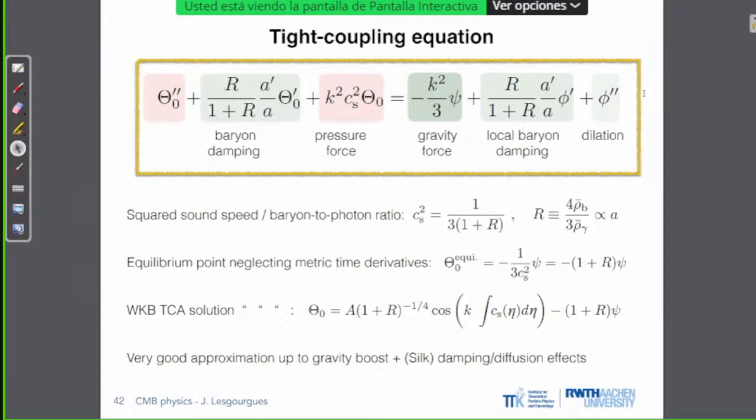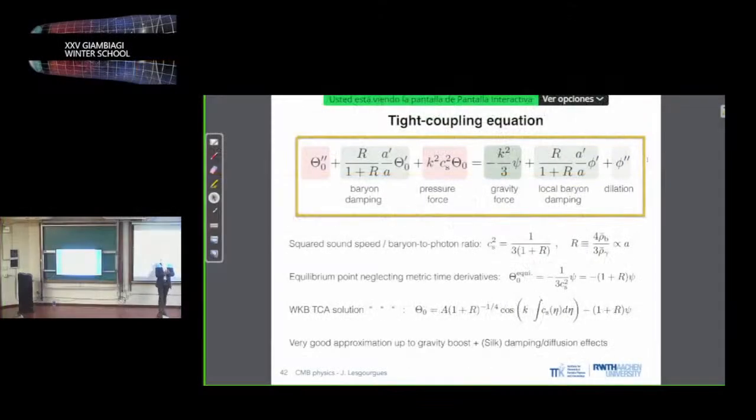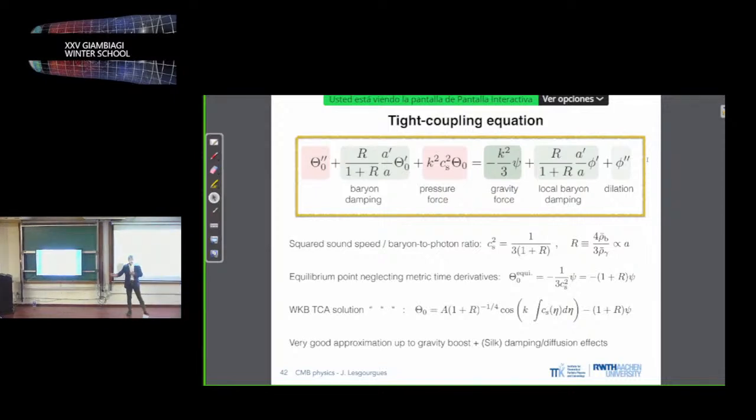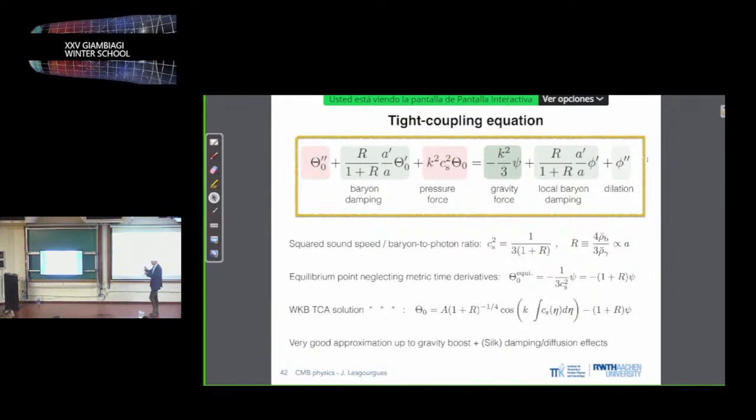And then to understand what happens, you have to remember what we said about the diffusion length. The diffusion length is a length over which photons travel between the early universe and a given time. When the scale approaches the diffusion length, the fluctuations get washed out because this diffusion process redistributes completely the photons and averages any anisotropy within a radius given by the diffusion length.